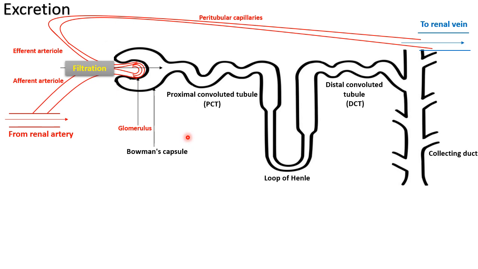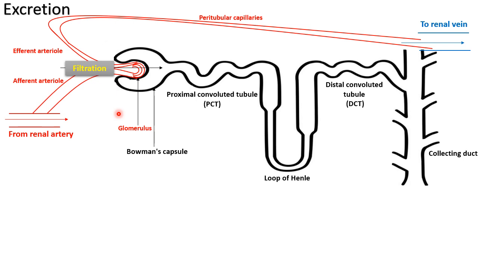Our blood is filtered without its cells like red blood cells, white blood cells and platelets, and without proteins. Only the water in blood and the solutes, glucose and amino acids, and of course drugs, are filtered through the glomerulus. And if the cells or proteins are filtered, that means there is a problem in our kidney. Our kidney has damage.